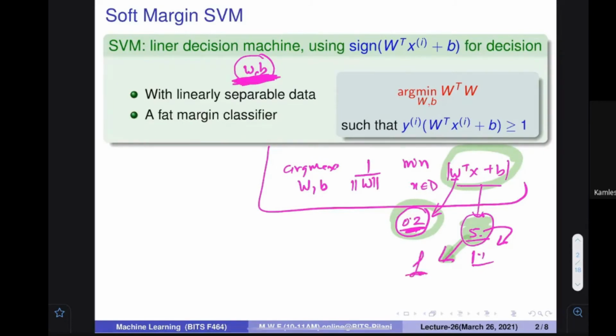If I fix some value, for example 1, then you cannot change this value. If I say that this minimum value should be equal to 1, then you cannot change the W's at some fixed W. You have to stop, because then the value is 1. But if I leave it with you, then all these parameters are going to vanish.